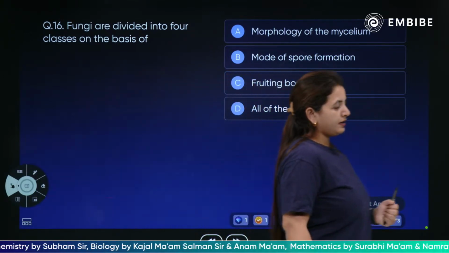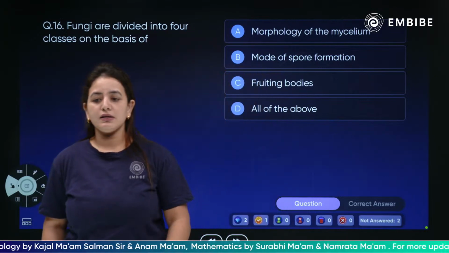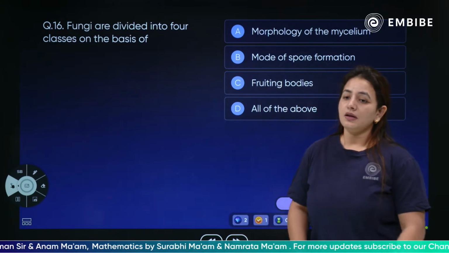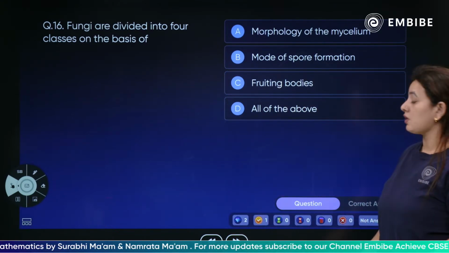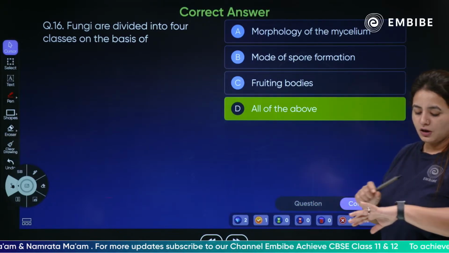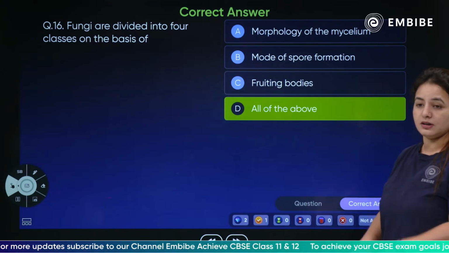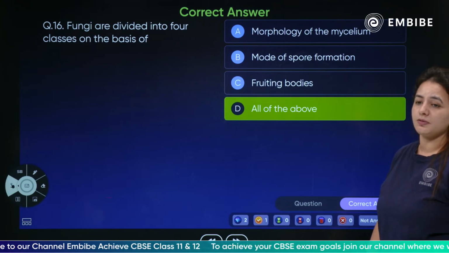Just now we have discussed everything. The fungi are divided into four classes on the basis of all of the above: the morphology of the mycelium, the mode of spore formation, fruiting bodies.